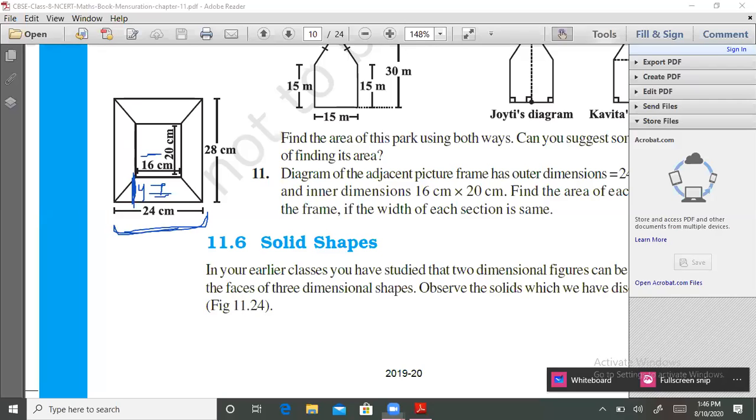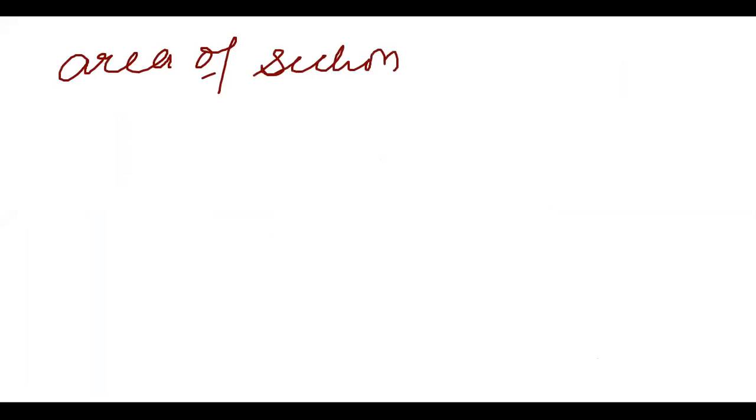Okay, so here you will find out area of section 1, which is equal to half into sum of parallel sides, which are given here, 24 and 16, into height, that is 4.